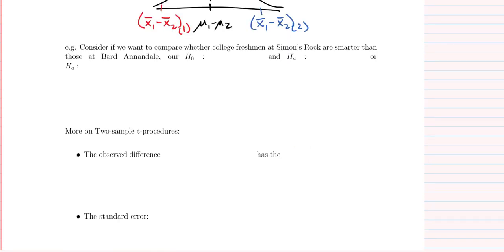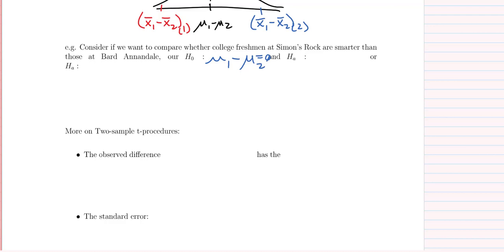So just to relate this to a real-life context, let's say we want to compare whether college freshmen at Simon's Rock are smarter than those at Bard Annandale. Then our null hypothesis is going to be that mu1, whichever population we designate as the first population, minus mu2, whichever population we designate as the second, is equal to 0, so that we're saying that there's no difference.